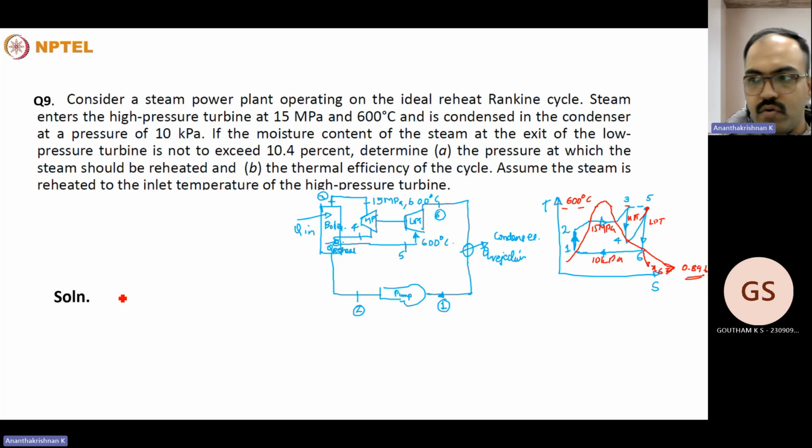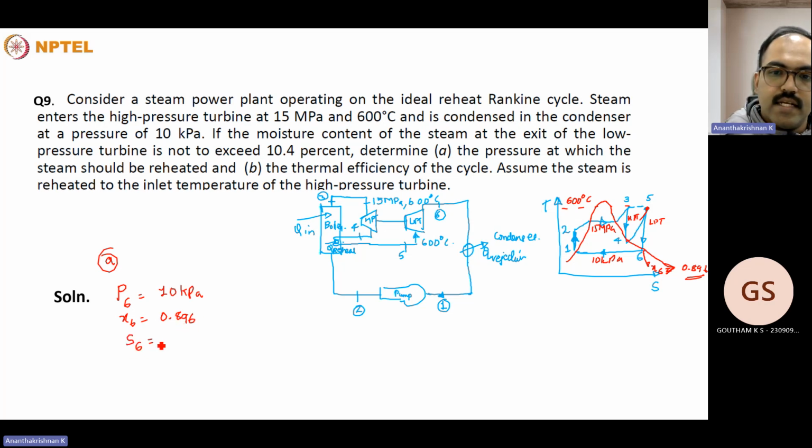For that, we know everything about the state point 6. We know P6 will be equal to 10 kilopascal, and X6 should be greater than 0.896. So we take the limiting condition of 0.896 and we calculate the S6 from the state point. From the steam table, we have to look for saturated water corresponding to 10 kilopascal and the quality 0.896.